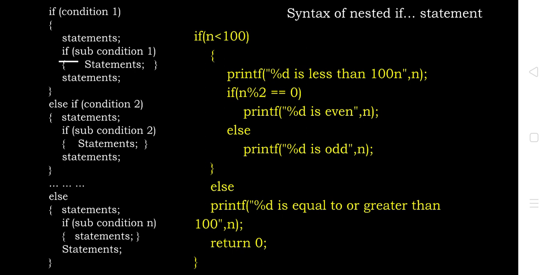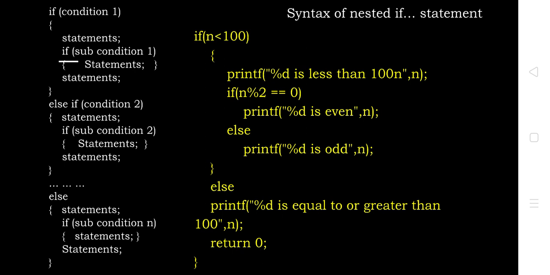If n percent 2 is equal to 0, we print that the number is even, with the value of n printed. Otherwise, in the else, print that it is odd. So the condition checked here is n percent 2, the even number logic: if it gives some remainder, it is an odd number, otherwise it is an even number.